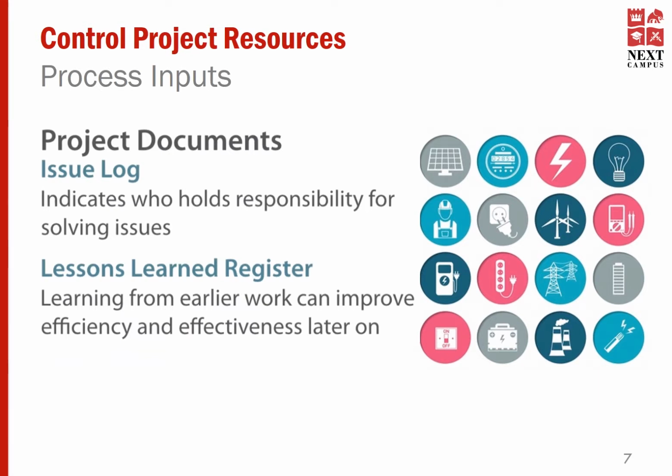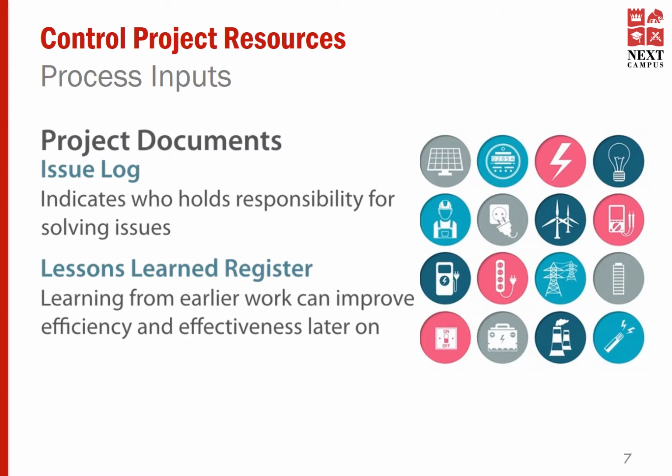Project documents that can be considered as inputs for this process include but are not limited to: number 1, issue log; second, lessons learned register. Issue log is used to identify the issues such as lack of resources, delays in raw material supplies, or low grades of raw material.